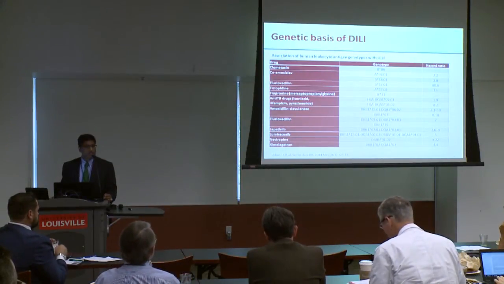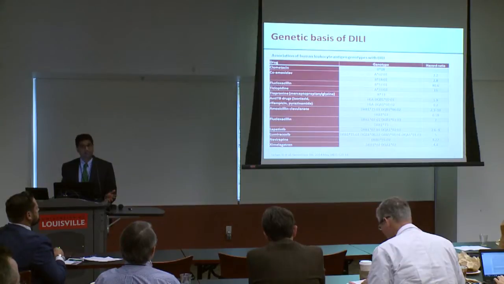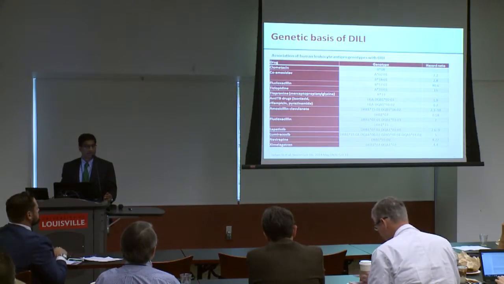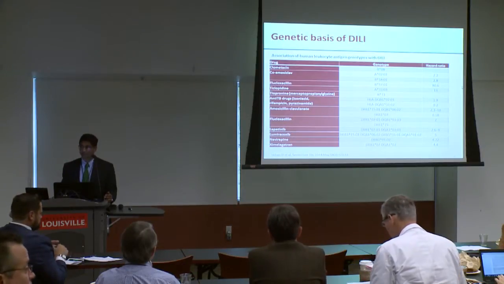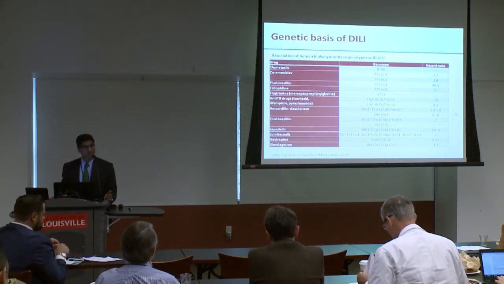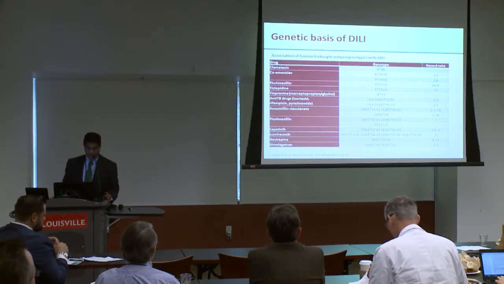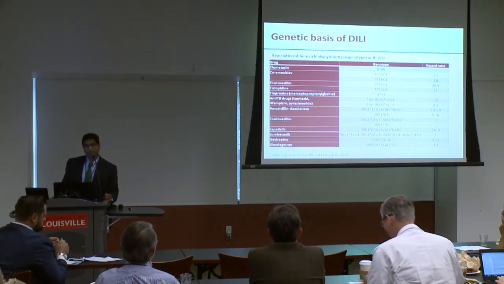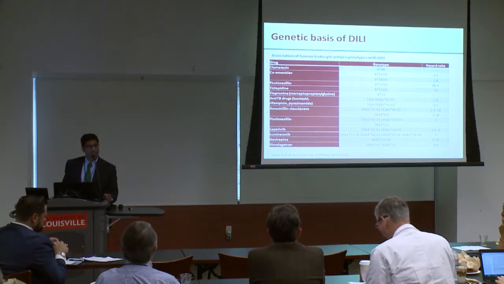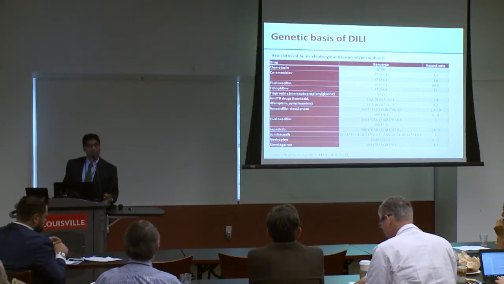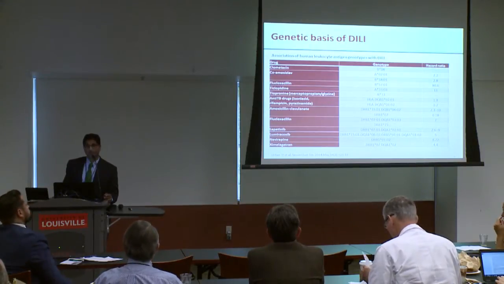If we look at host response, then HLA makes sense, and many drugs have been implicated with regard to HLA polymorphism and the risk of drug-induced liver injury. This is again a compilation table of different polymorphisms with regard to HLA. My summary, my understanding of this field, is that it's hard to replicate a European polymorphism in a US population.